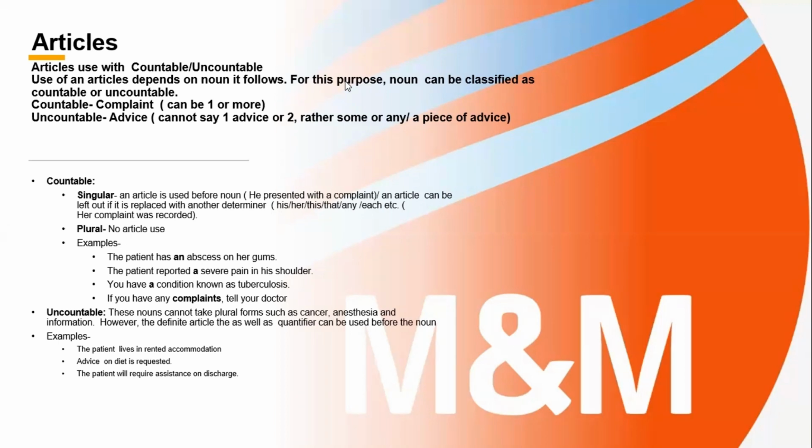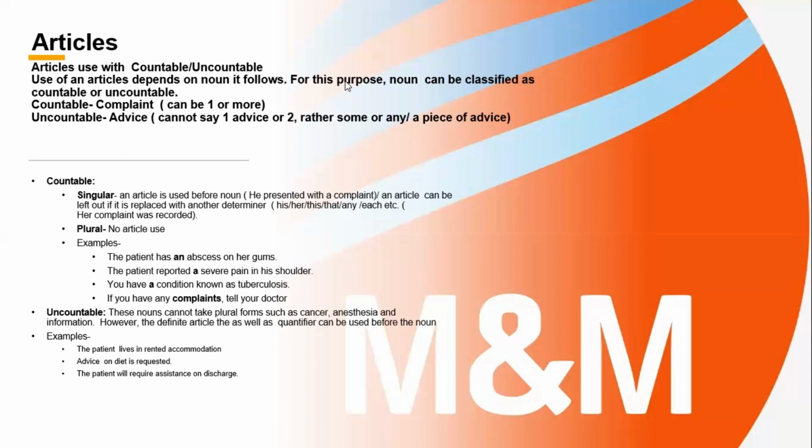All these things are examples of countable nouns. So you can write it down: for the countable noun, we have to use the article before it.